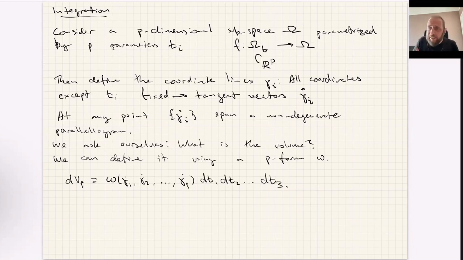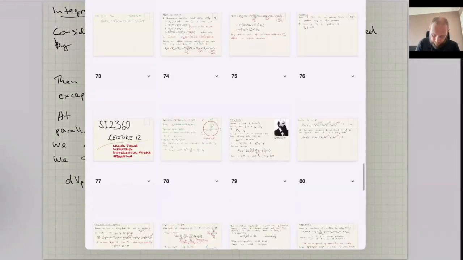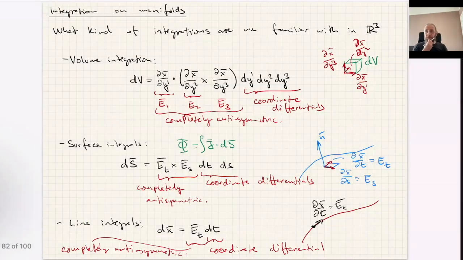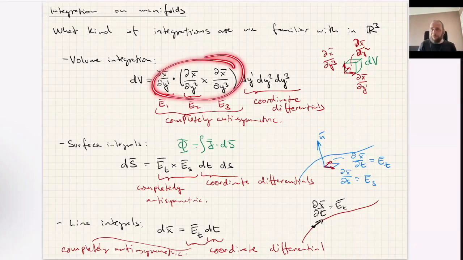And now we have exactly the same structure as what we began with, right? When we started talking in the beginning, we were discussing the volume integral. We had some 3 form mapping 3 vectors to a number, times the coordinate differentials.